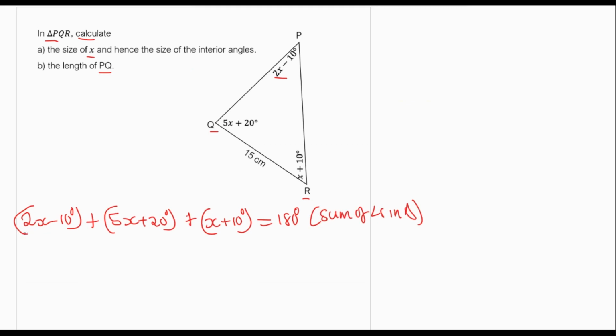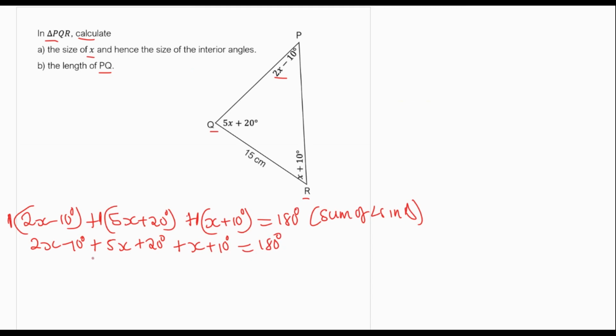Right, the coefficient of each bracket is 1. There's 1 there, there's 1 there, so it doesn't change anything in the brackets. It's just like we have 2x minus 10 degrees plus 5x plus 20 degrees plus x plus 10 degrees is equal to 180.